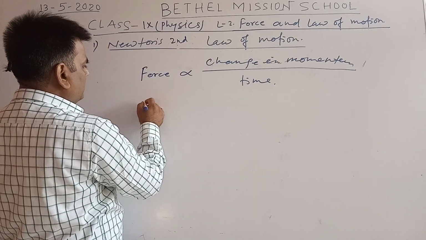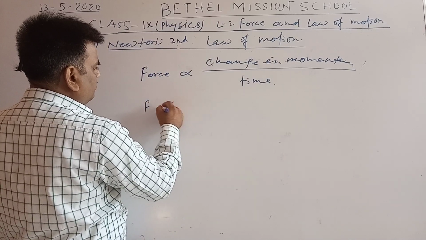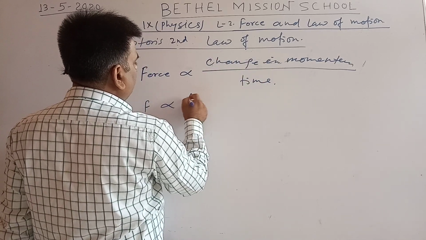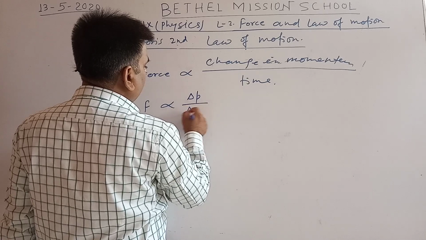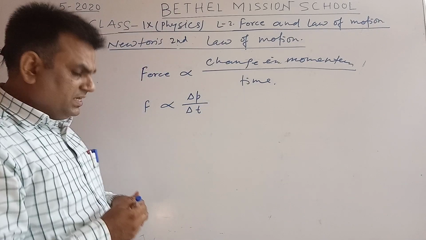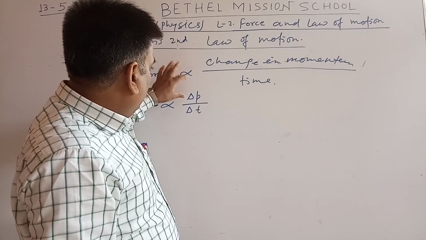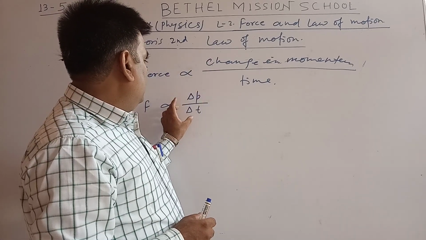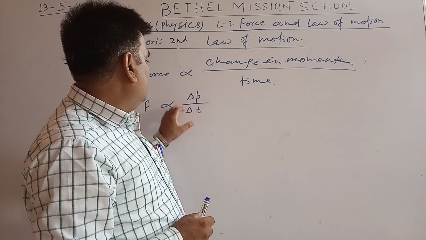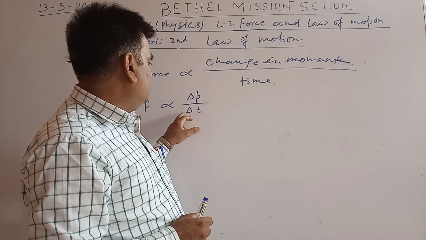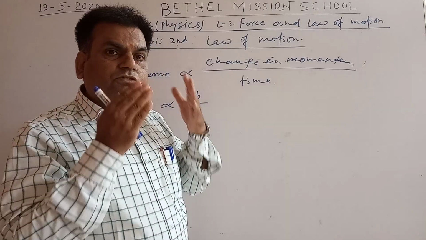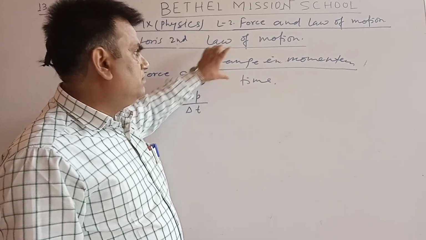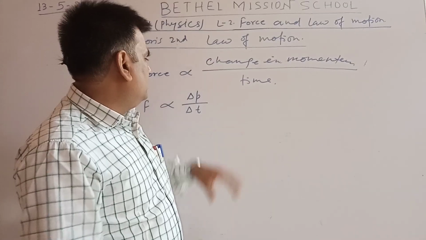Here we take delta P by delta T, because the object is in motion, delta P is the small change in momentum, and delta T is a very short interval of time.